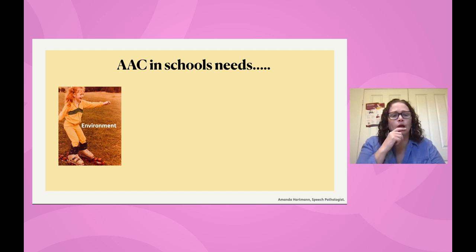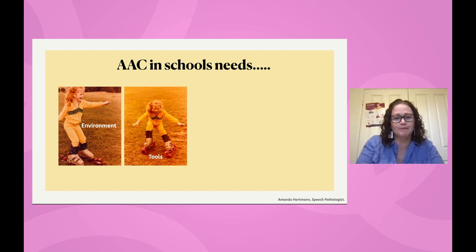There's no snow. I wasn't set up right for success. Schools need to reflect that. If you want AAC to be successful, your entire school community environment needs to reflect that AAC is something that's done there. I was already off to the wrong start in learning to be a skier.